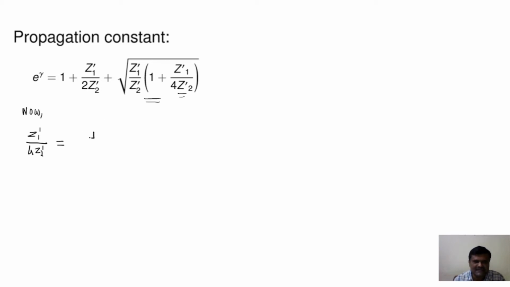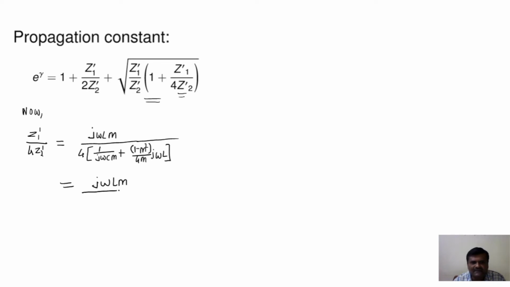I put here j omega Lm as z1 dash, and z2 dash I write here as 4 into bracket 1 upon j omega Cm plus (1 minus m square) divided by 4m j omega L. I put this value into the equation of z1 dash divided by 4 z2 dash, so it is equal to j omega Lm divided by 4.